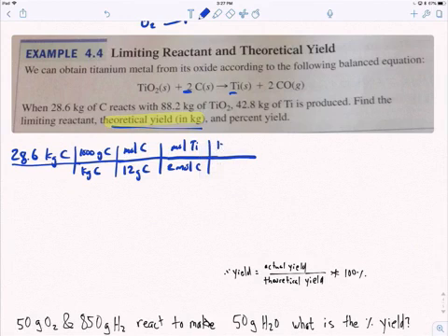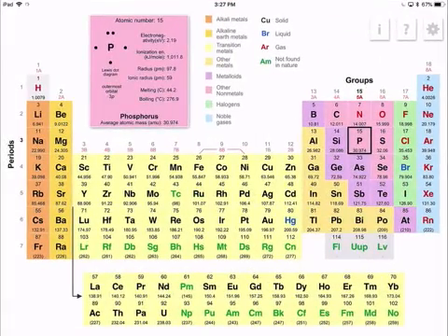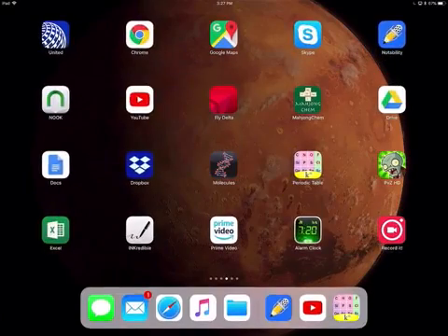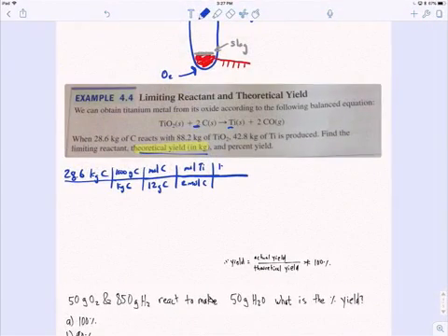What's the titanium? 47.9. 47.9 what? Oh, we're just anticipating my response. So there's all the units there. And same thing with the titanium dioxide, 88.